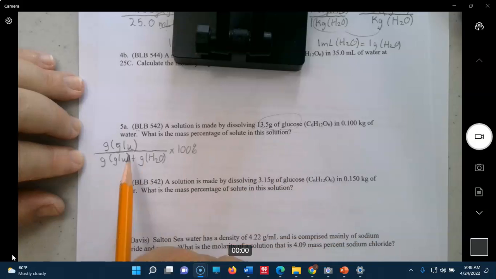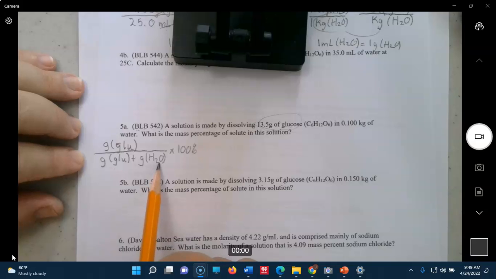It's the grams of solute over the grams of solution, and that's the solute plus the solvent.